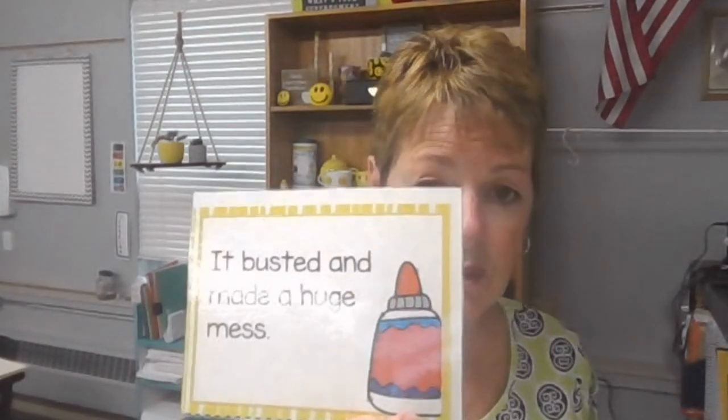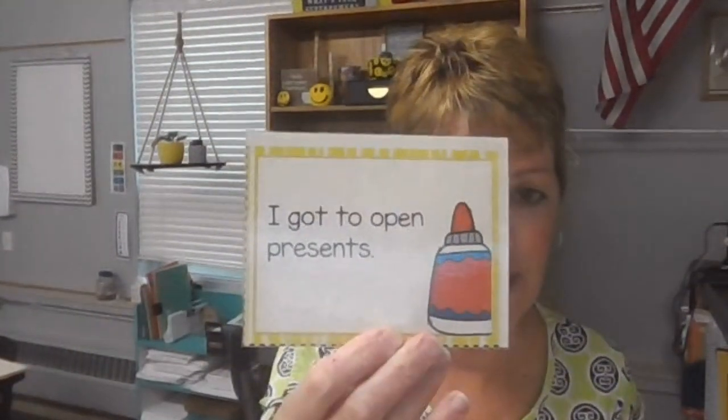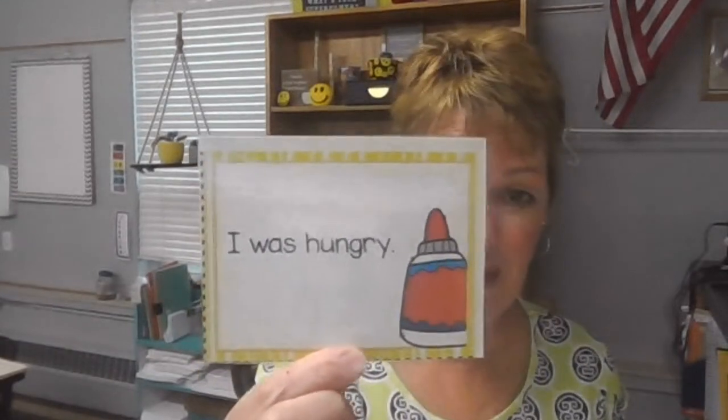Let's see. I'm just going to read some of these other ones so that you can put some of them together on your own. We read this one already. It busted and made a huge mess. Now that one doesn't make sense for the fence was open. Or the opening presents one. I got to open presents. The fence was open, so I was hungry.